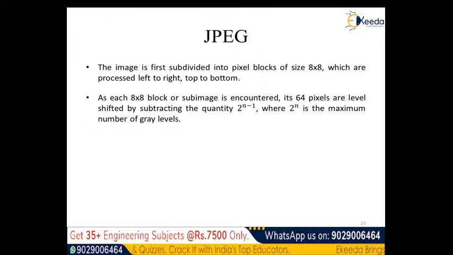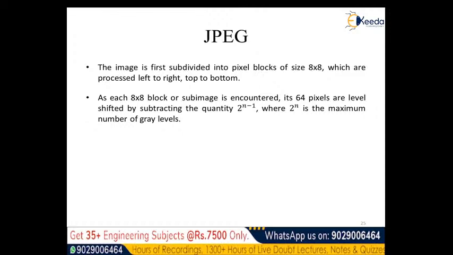In the problem that we have solved, we were already provided the image sample of order 8 by 8, so a total of 64. So we did not need to follow the first point, that the image is first subdivided into pixel blocks of size 8 by 8. We directly applied the thing from the second point.